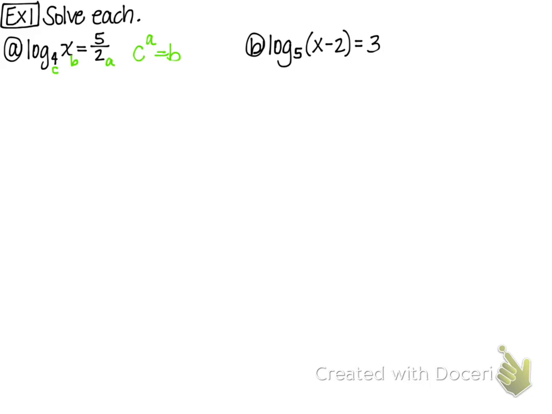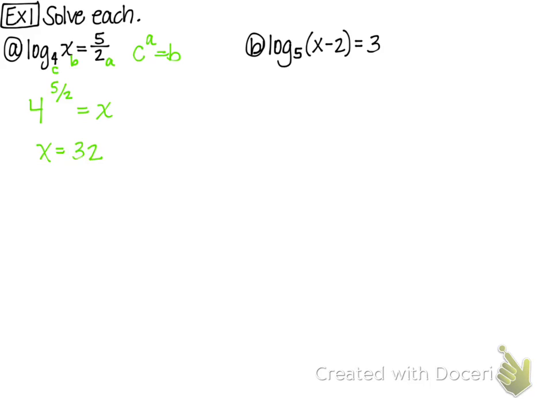We're going to have 4 to the 5/2 power is equal to x. And then at that point, go in your calculator and put 4 to the power of 5/2. Make sure you put 5/2 in parentheses here, and you're going to end up with 32.